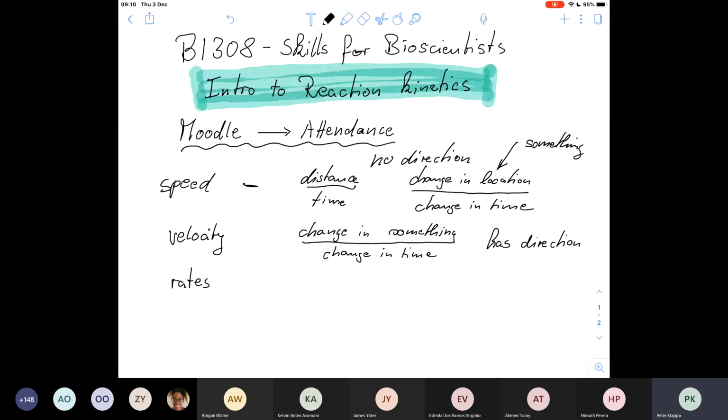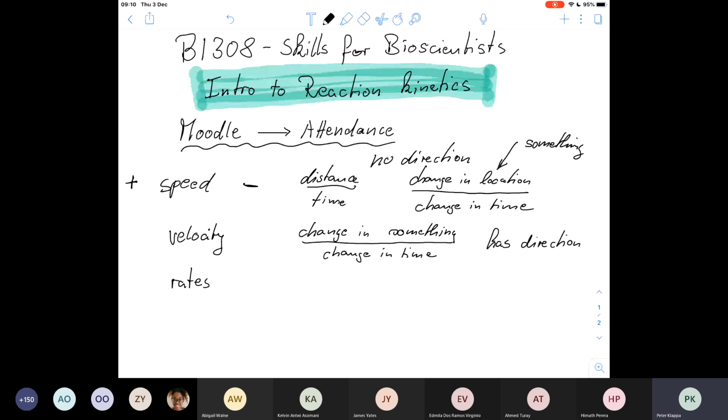And that means a speed is always positive. So I drove with, say, 30 miles per hour or something like that. That would be a speed. I can't drive a negative speed.